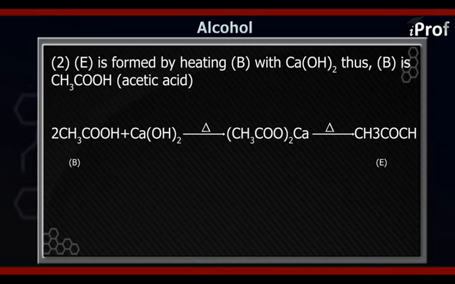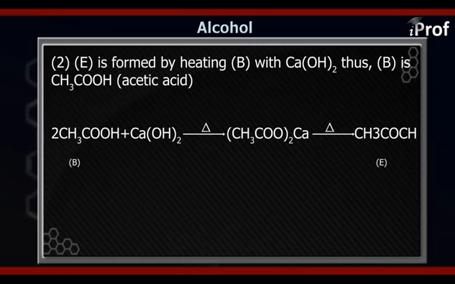and B, when it is heated with the calcium hydroxide, first of all forms the calcium salt of the carboxylic acid, and then it forms the product because the heating process goes on.